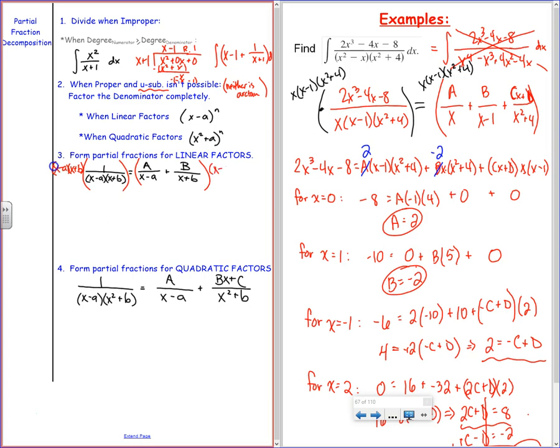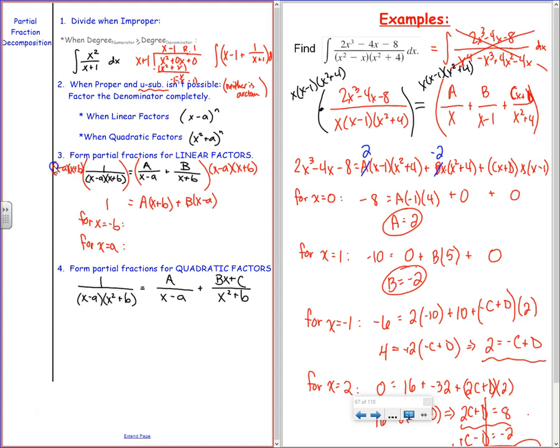When you multiply by that common denominator, you would end up with a times x plus b plus b times x minus a equaling whatever the numerator is. If we were to use my trick, we would plug in x equals negative b, and we would plug in x equals a.